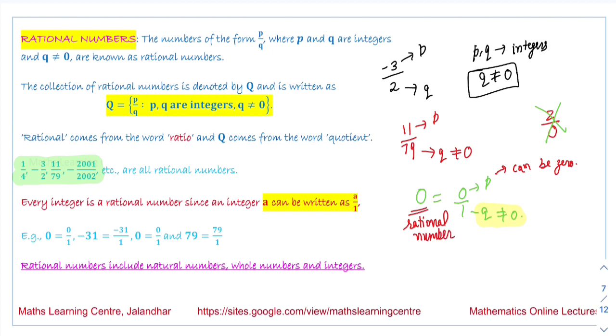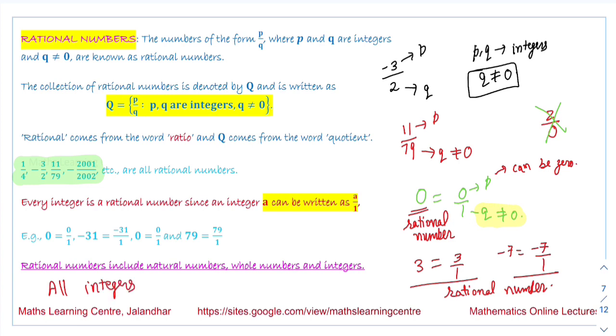If suppose I am talking about say number 3, I can write 3 as 3 over 1. If suppose I am talking about say number -7, I can write it like -7 over 1. So all these numbers, these are the rational numbers. So what we get from this is that all integers are rational numbers.